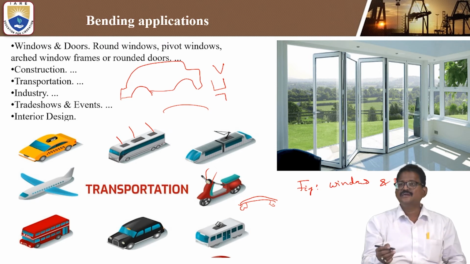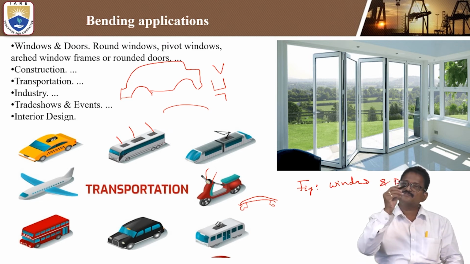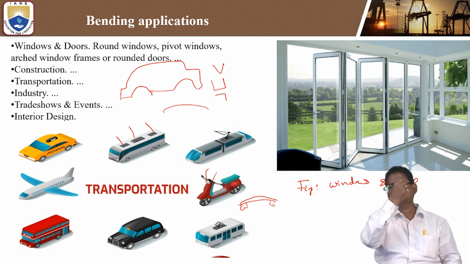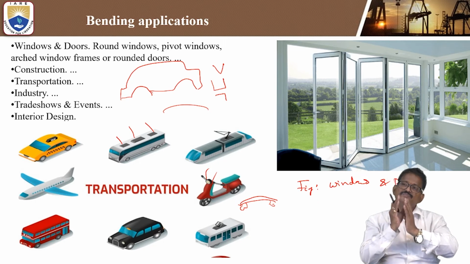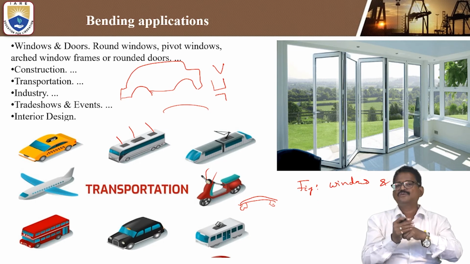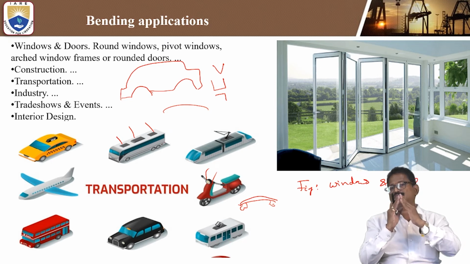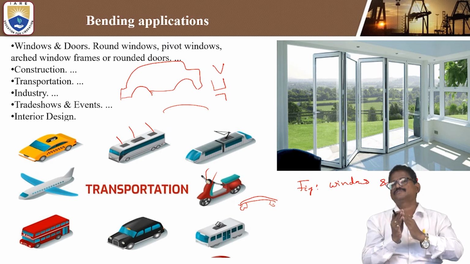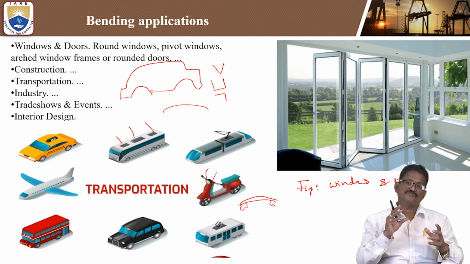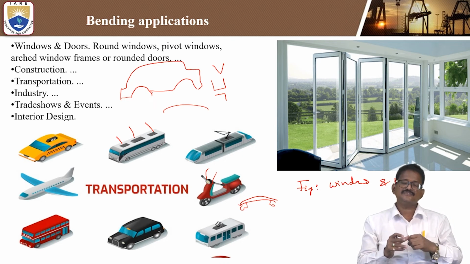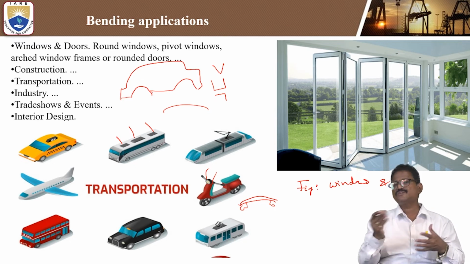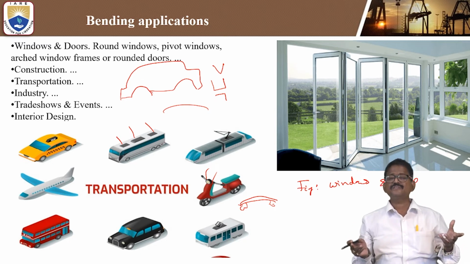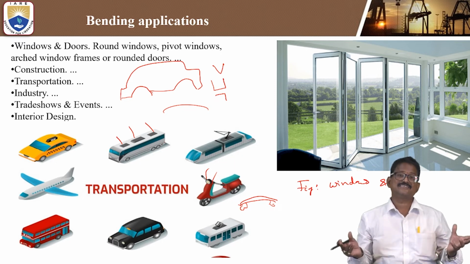Even in temples, a lot of archaeological designs are performed, where temple statues and triangular pyramid shaped things can be viewed from a long distance. So even though bending is a simple process, a variety of applications can be performed as per the requirement of the customer and industry.